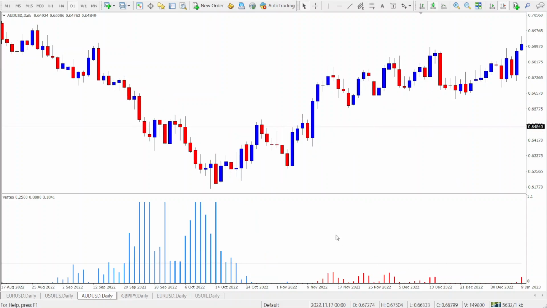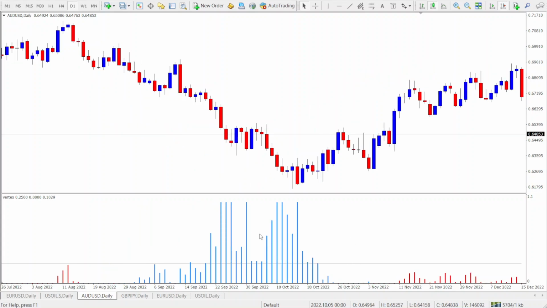As you can see, this indicator ranges between 0 and 1.1, and it makes use of red and blue bars representing buying and selling volume respectively.